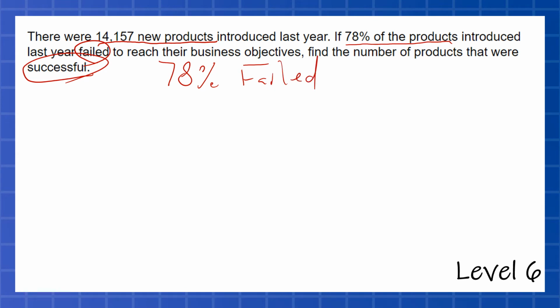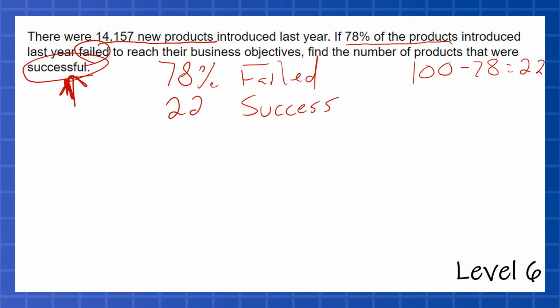And since we're asking about successful, rather than write down the 78 over 100, we want to find the success percentage. The good thing is we know that failure and success are just two options. So those two options mean that we have 100 minus 78 equals 22. So the success percent is 22%.